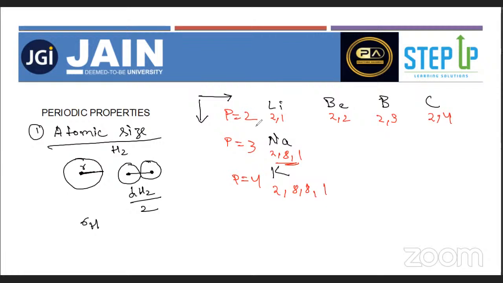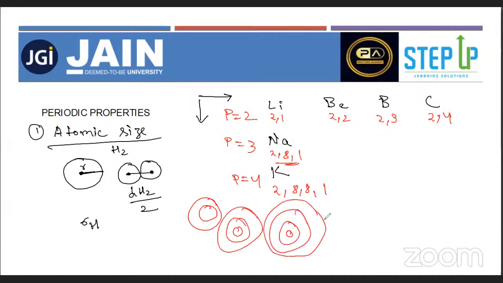When I'm moving down, there are 2 shells, then again it became 3 shells, then again 4 shells. So there is an addition of shells, and the distance from the center to the outermost shell keeps on increasing. When the distance is increasing, that means atomic size is increasing when I'm moving from top to bottom.